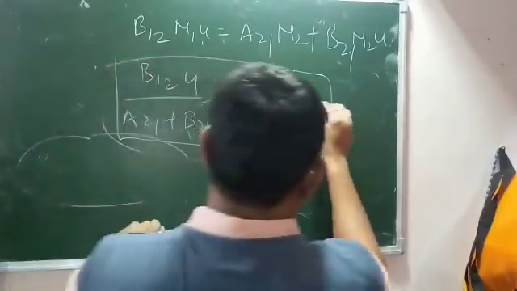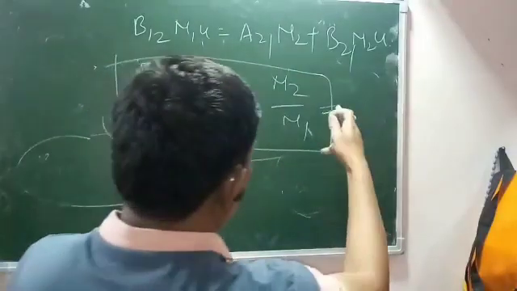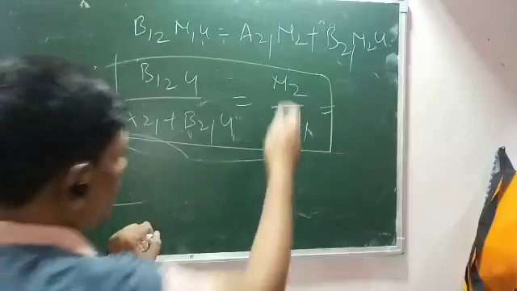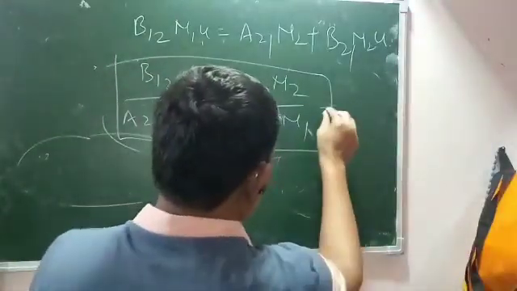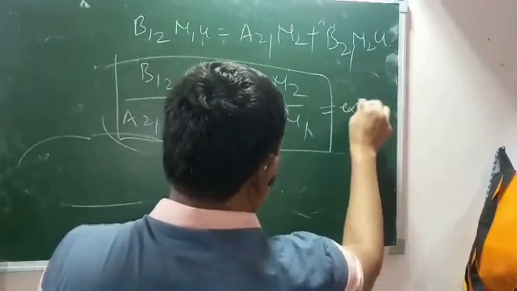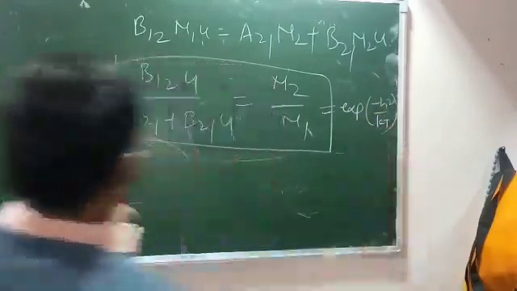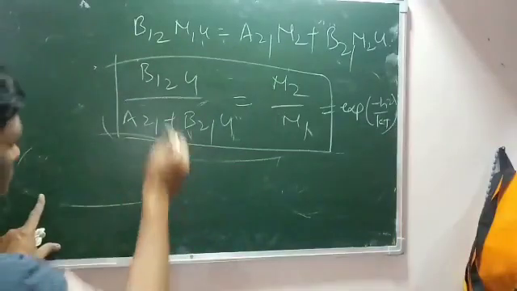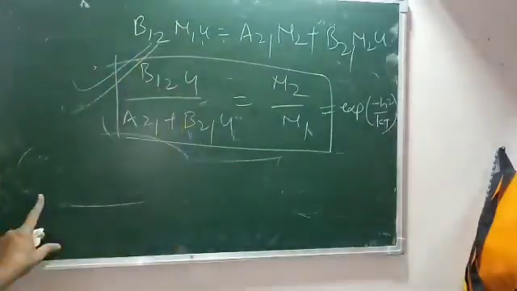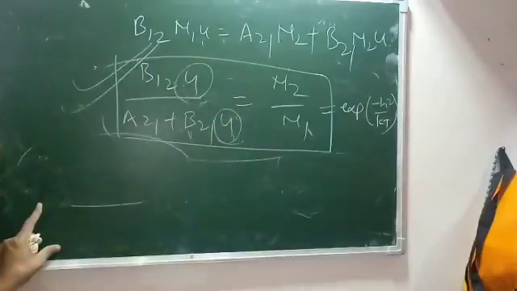Now, as in the previous discussion, the ratio of N2 by N1 is calculated. So this is equal to exponential of minus h nu by kT. So now we can calculate the value of U, which is the energy density of the external environment.